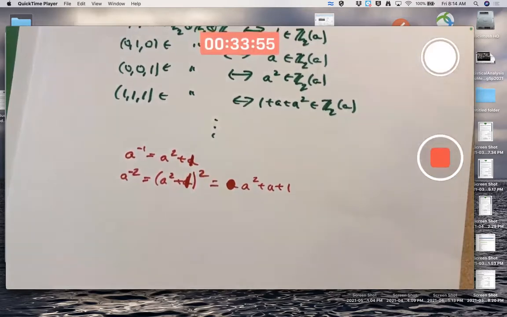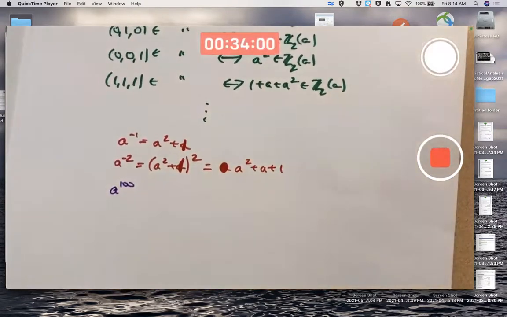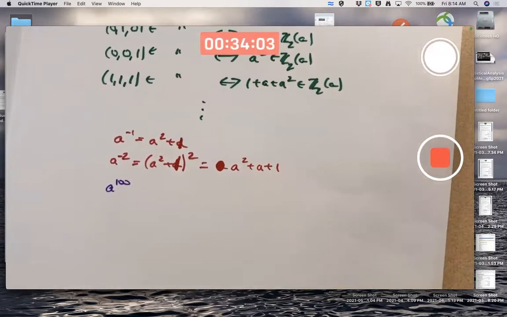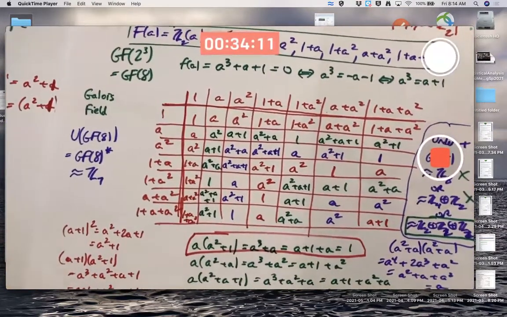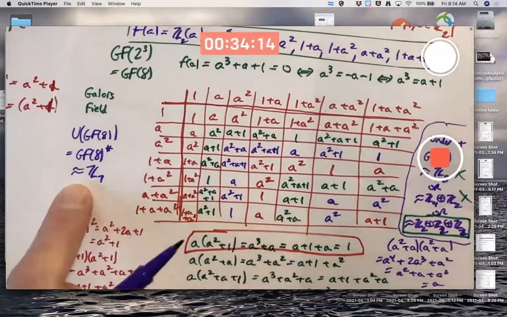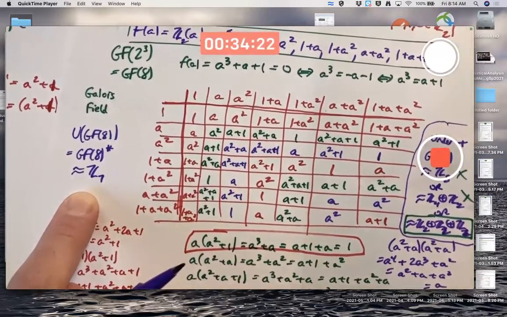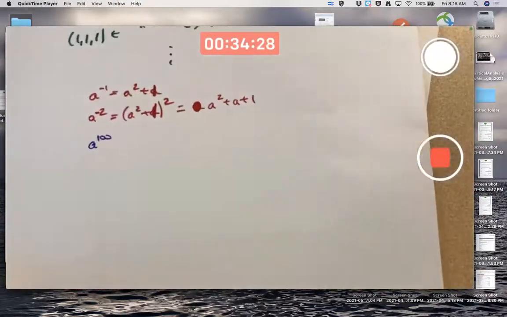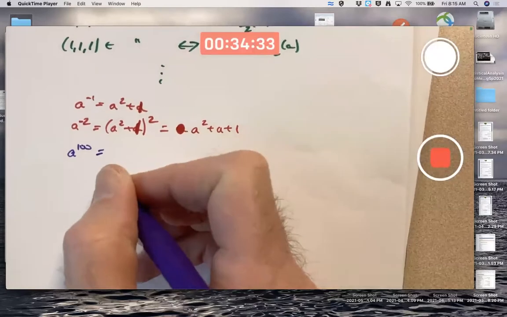How about a to the 100 power? Well, one way to approach it is to remember this is a cyclic group. This is isomorphic to Z7. So every non-identity element is a generator. In particular, a is a generator. So this is just like a problem from chapter 4, essentially. Divide 100 by 7. What would you get?